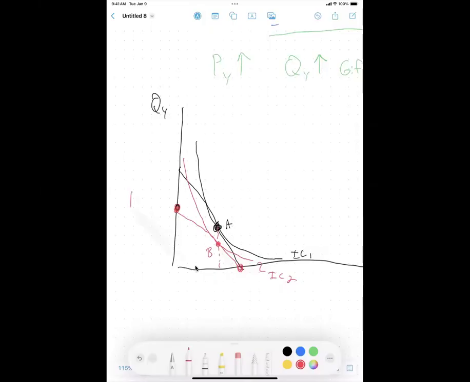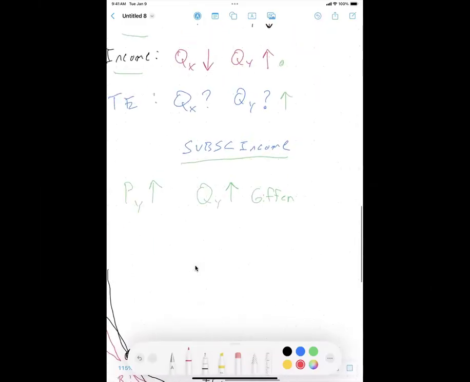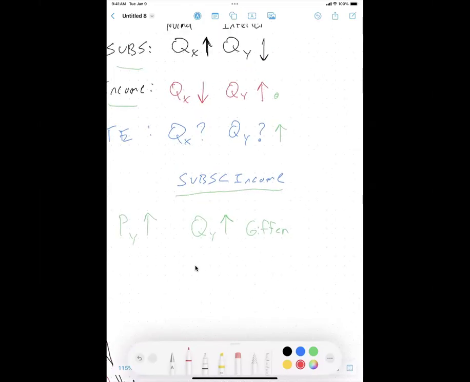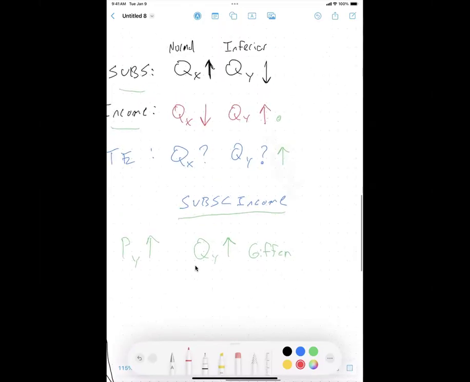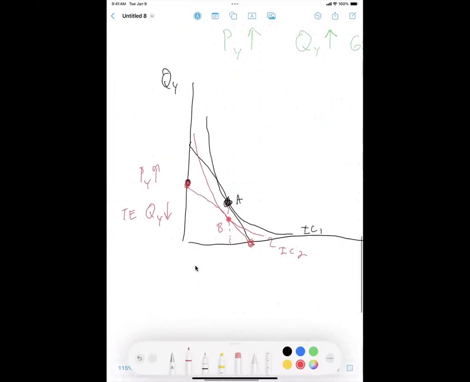That when the price of Y went up, the total effect was that I actually bought less of that good. That must have meant that for this inferior good, my income effect was actually less than the substitution effect. So this would be an example if I didn't have a Giffen good. Okay. So we could end up with these weird scenarios where that's not necessarily the case, where the amount of Y I buy doesn't go down at this new consumer optimum. It actually could go up if I had a Giffen good, right?